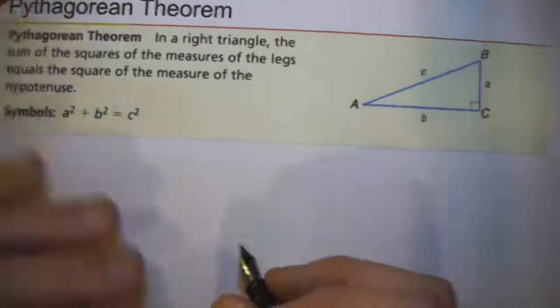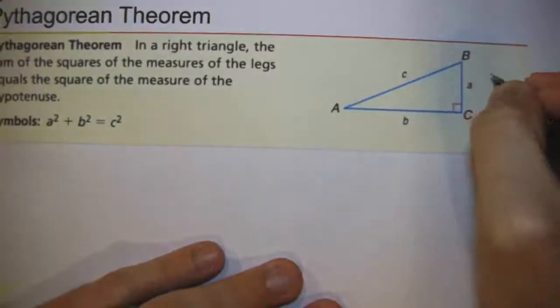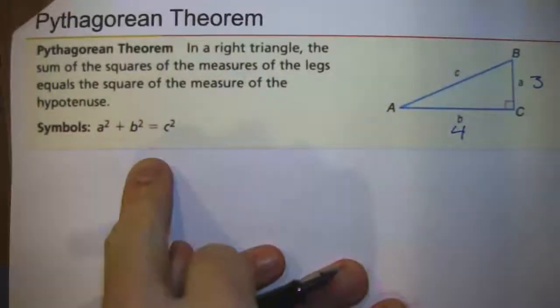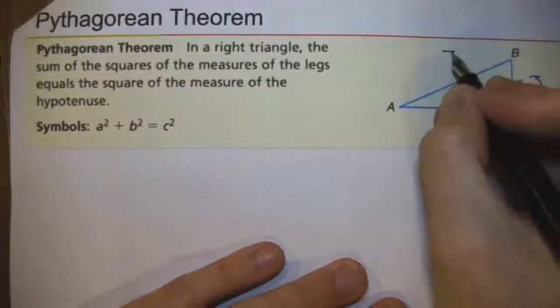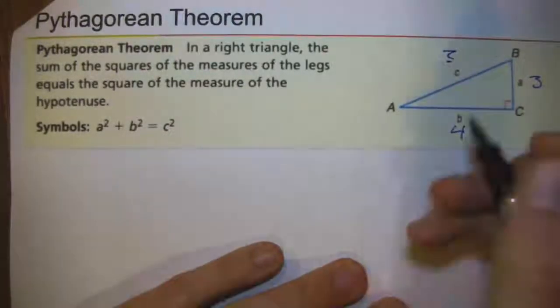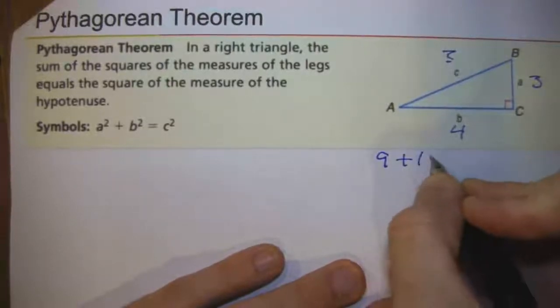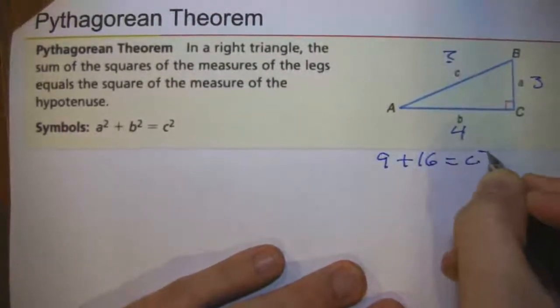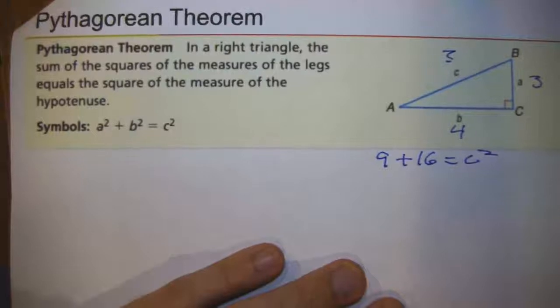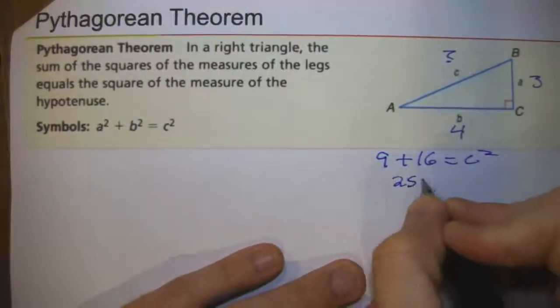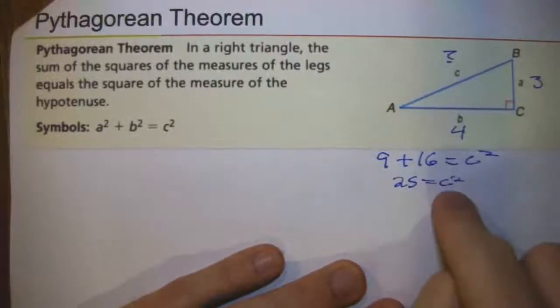For example, let's say that A was 3 and B was 4. We could then use this to figure out, well, what is that hypotenuse measure? So if I take 3 squared, that's 9, and 4 squared, that's 16, that would let me know what C squared would be. So 9 and 16, of course, make 25. And of course, I don't want to know what C squared is.